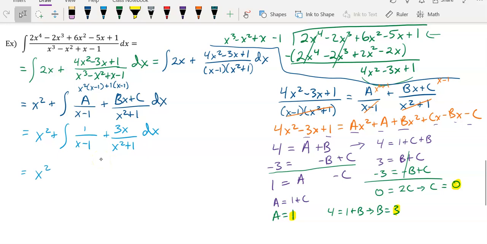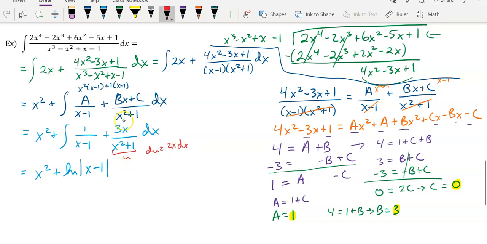So I end up with x squared plus, this is another natural log absolute value x minus 1, and then this is not a natural log, this is another u substitution. So if I let this be u, du is 2x dx. Okay, I have a 3, so I'm going to move the 3 to the front of the integral and multiply by 2 and then 1/2.